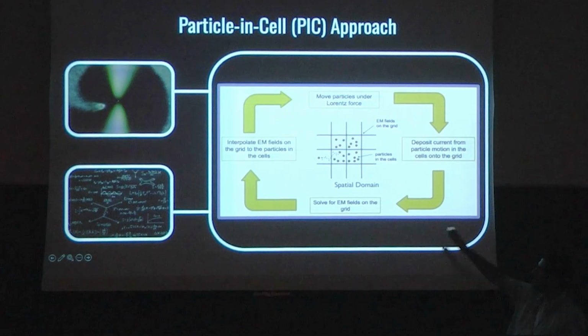And so you create this loop where you place your particles, they get pushed by the electromagnetic fields, they themselves then produce electromagnetic fields, and then you save that information onto your grid, and you continuously do that over and over again until you're satisfied or until you've run out of compute time.